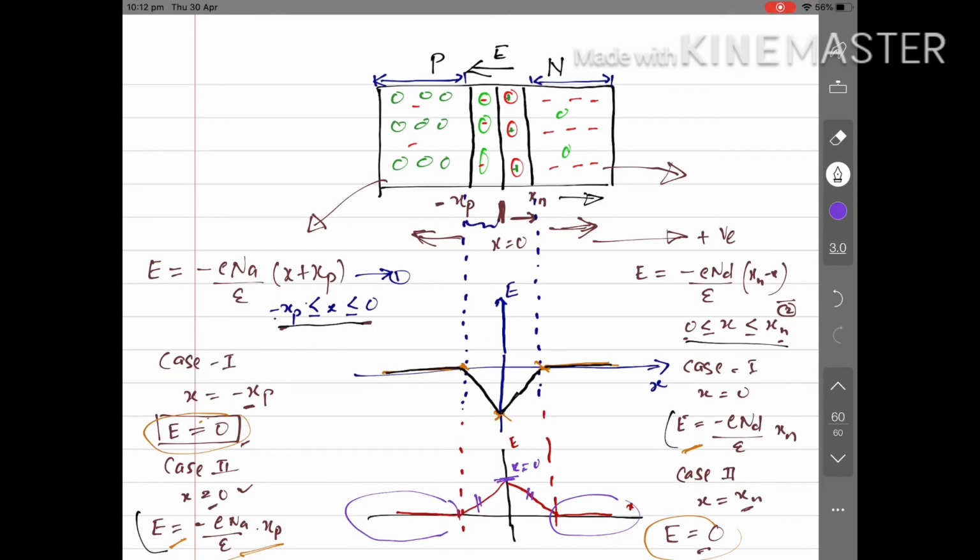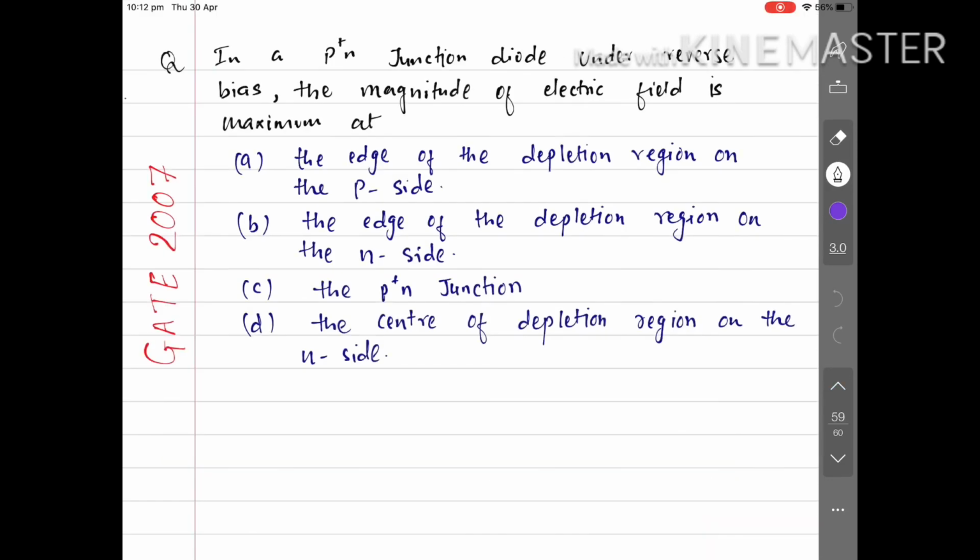Because this is the edge of the depletion region towards the n and p side, and on both sides the electric field is 0, right? So the right answer for this question would be C. Let me go to the question again and have a look. Okay, so answer A was the edge of the depletion region on the p side.